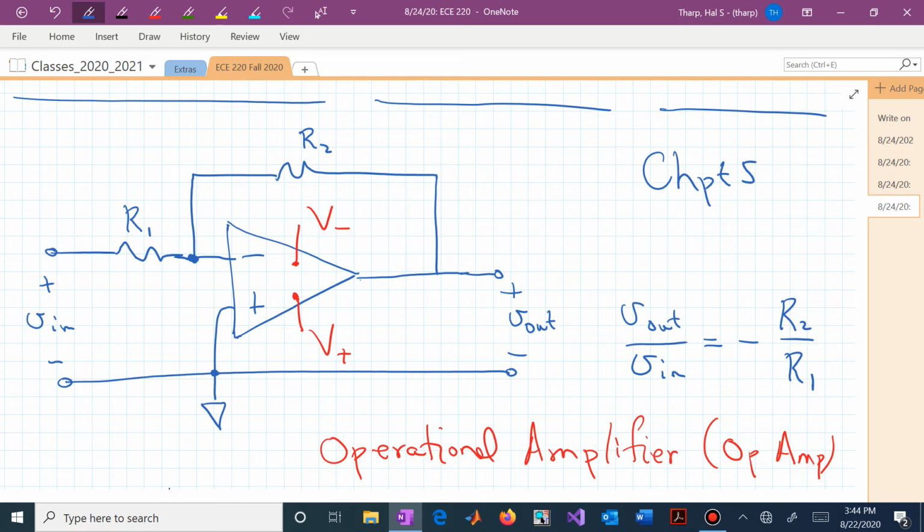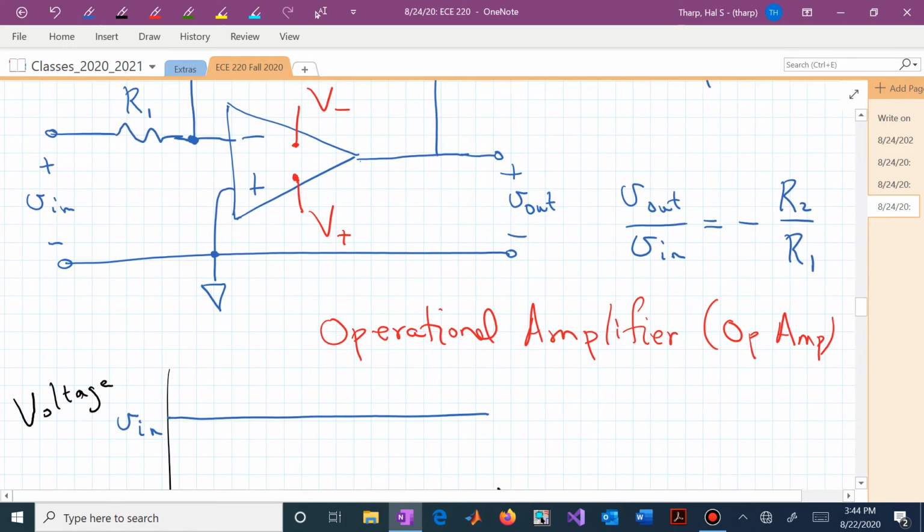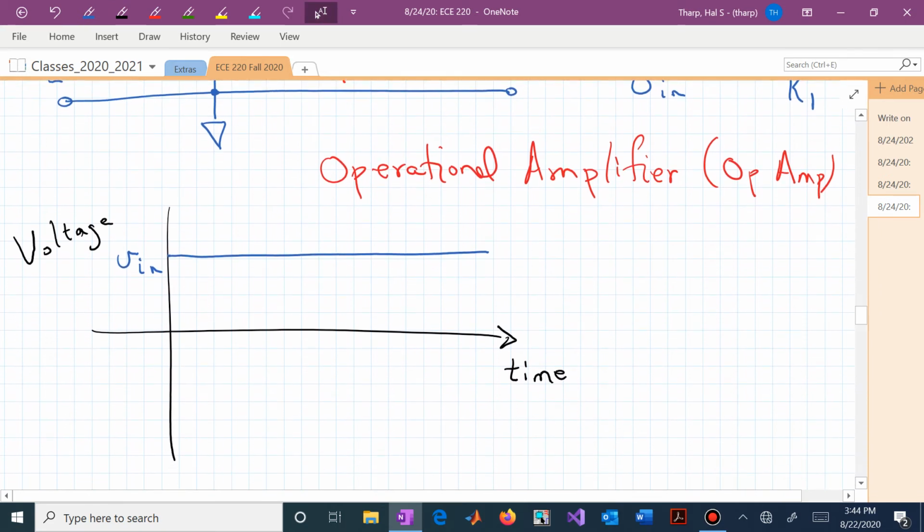So in fact, this operational amplifier allows us to scale these signals, V sub in versus V sub out. We might scale them down, we may scale them up.